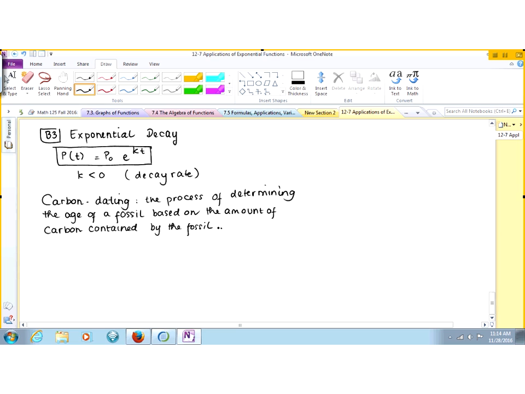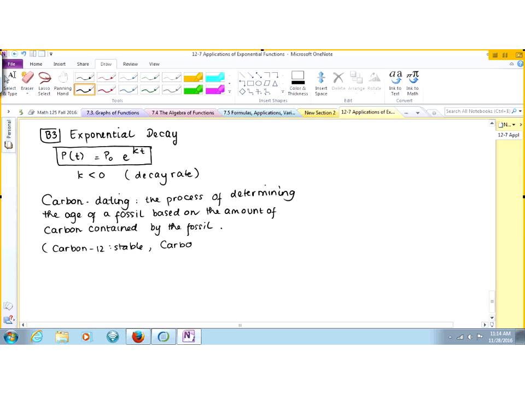All right. So carbon has a few forms. There is a stable form, carbon-12. So carbon-12 is stable. It doesn't change. The amount doesn't change over time.